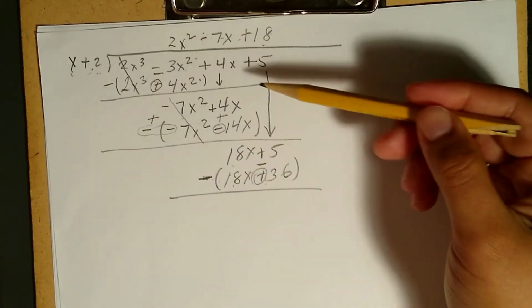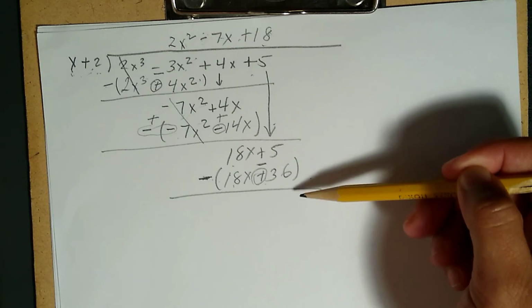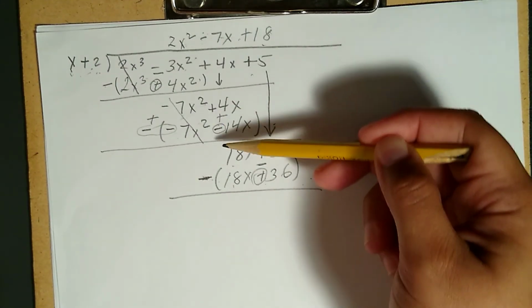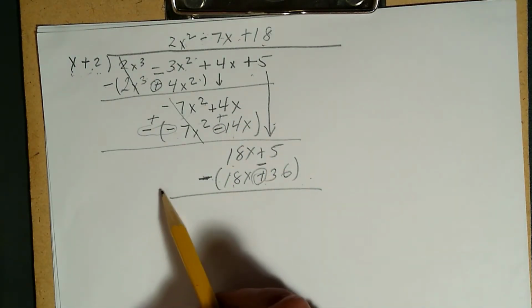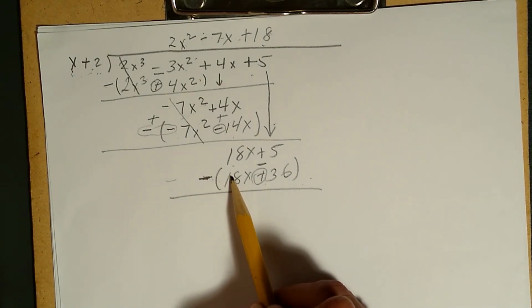Never forget to change the sign every time we're bringing a number down. You're bringing a number down, you subtract, you change the sign. We're always subtracting, and remember you're changing the signs.